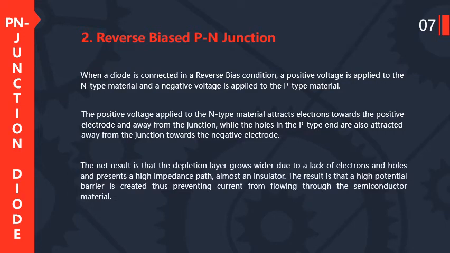The net result is that the depletion layer grows wider due to a lack of electrons and holes and presents a high impedance path, almost an insulator. The result is that a high potential barrier is created, thus preventing current from flowing through the semiconductor material.